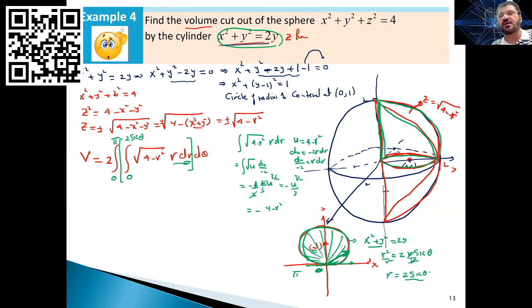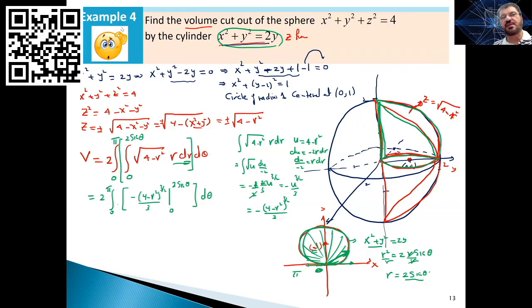So negative 4 minus r squared to the 3/2 over 3. So this is equal, guys, to the integration from 0 to pi of minus 4 minus r squared to the 3/2 over 3 from 0 to 2 sine theta, and you say d theta.